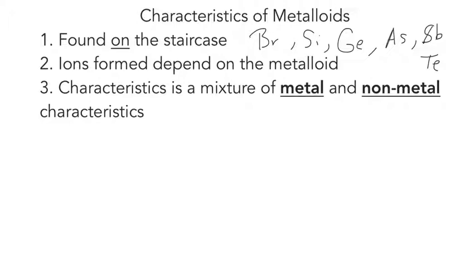Now, the ions formed depend on the metalloid. If we're looking at boron right here, boron is actually in group 3. So when it's forming an ion, it's actually going to form a +3 charge. Silicon and germanium, these two are actually in group 4.